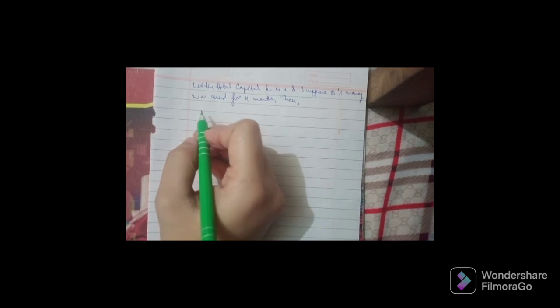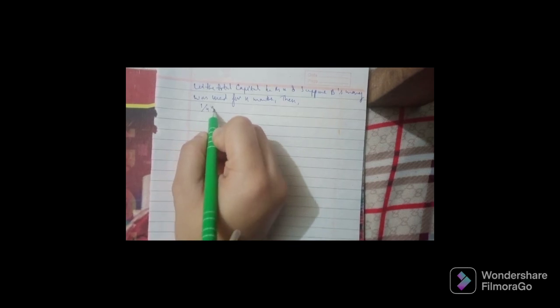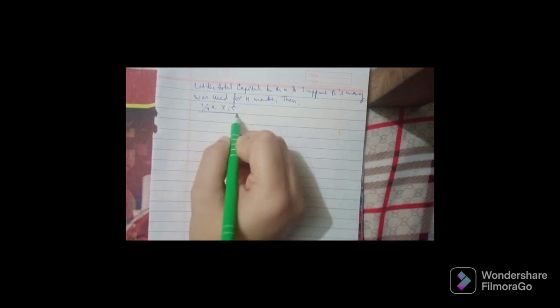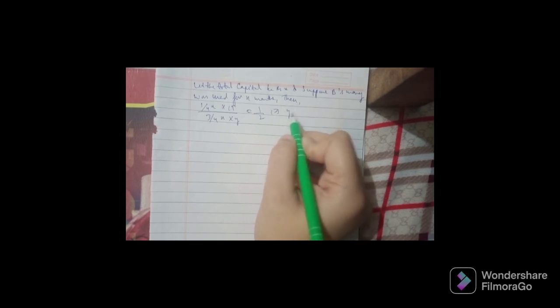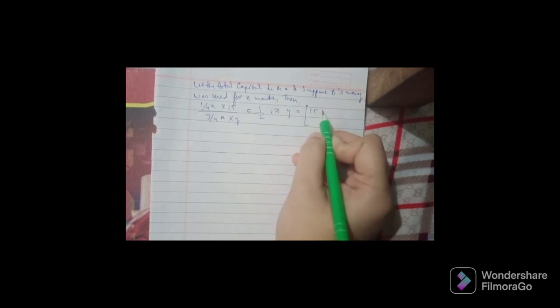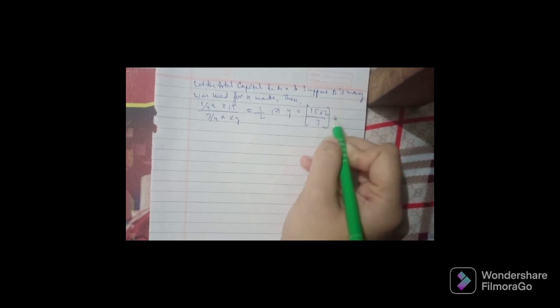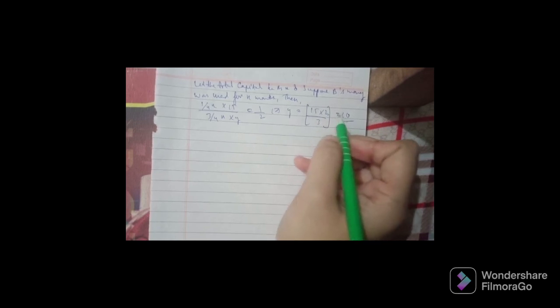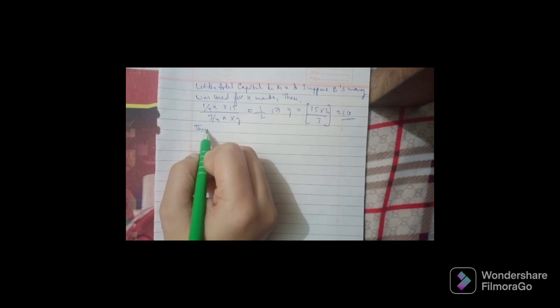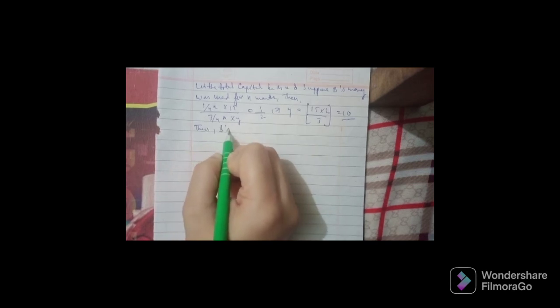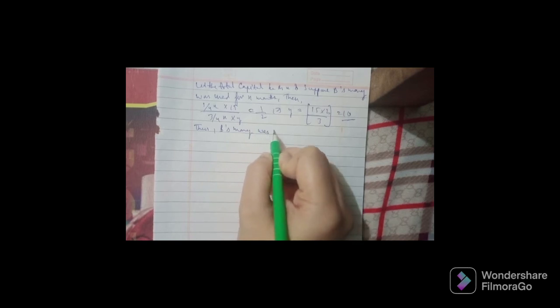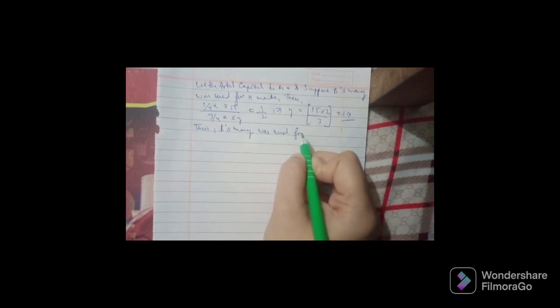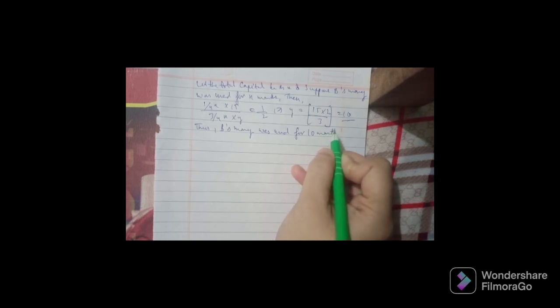Then 1 by 4x into 15 upon 3 by 4x into Y equals 1 by 2. Y equals 15 into 2 upon 3, which equals 10. Thus B's money was used for 10 months.